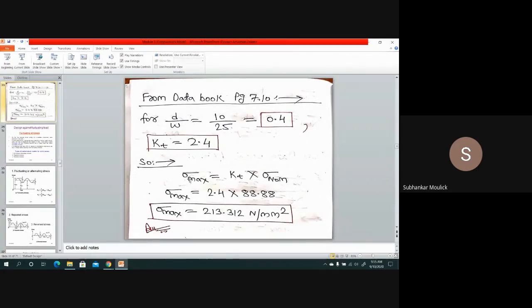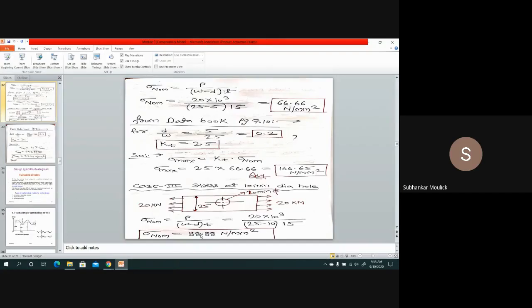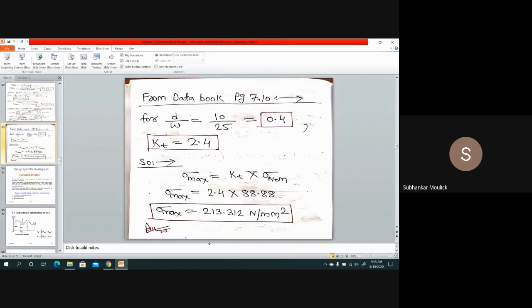In order to get the value of maximum stress near the 10 mm diameter hole, multiply this Kt with the nominal stress value, that is 88.88. If you solve this expression, Kt into sigma nominal, the maximum stress induced near the 10 mm diameter hole drilled in the plate is 213.312 Newton per mm square. Is the problem clear to all of you?